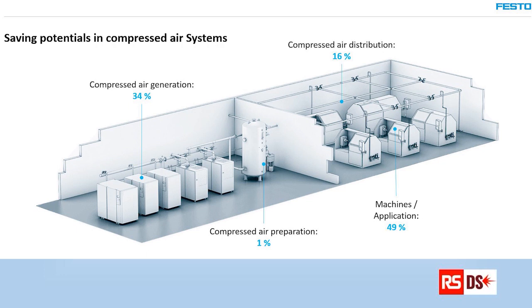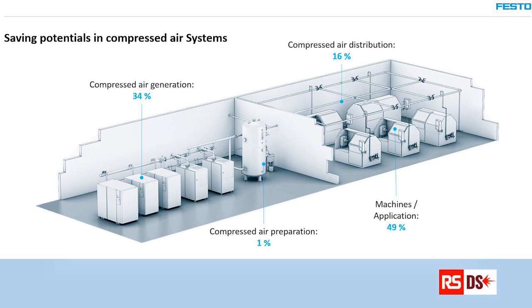And it makes definitely no sense to use only load-unload compressors or only speed-controlled compressors. The best is a mix between them. And if you then have an overhead control system, then the system can decide which compressor fits best to the actual consumption and switch on this compressor immediately or switch it off.